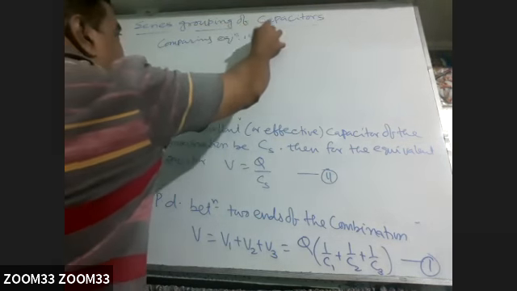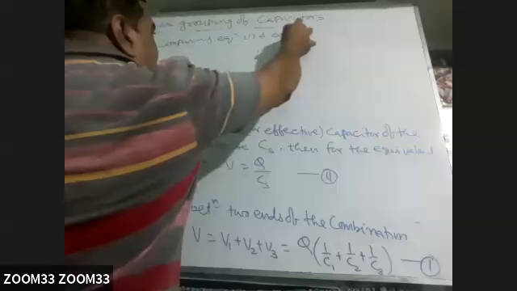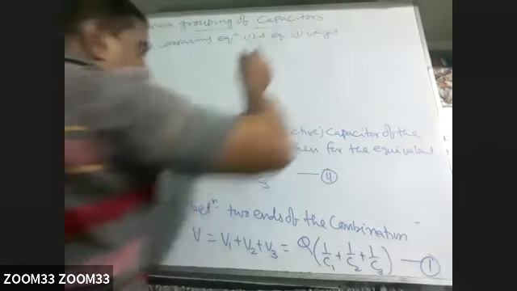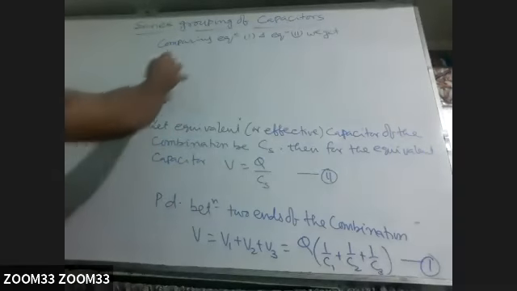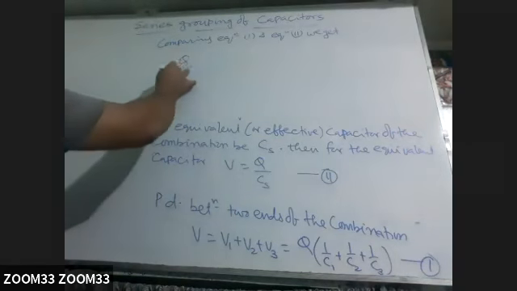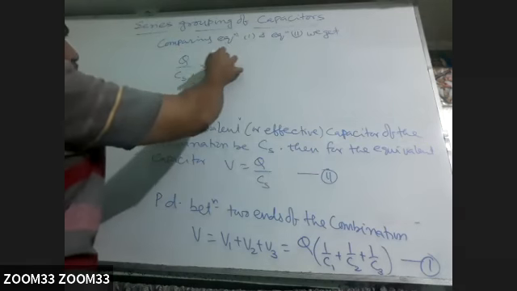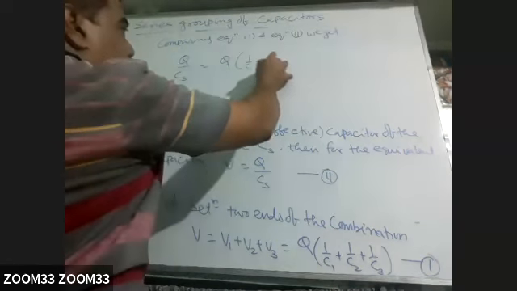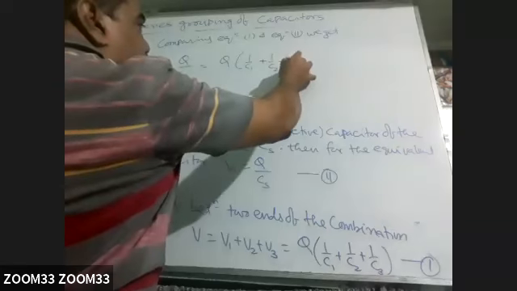Equation 1 and 2, what we get? This Q over CS will be equal to Q times 1 by C1 plus 1 by C2 plus 1 by C3.